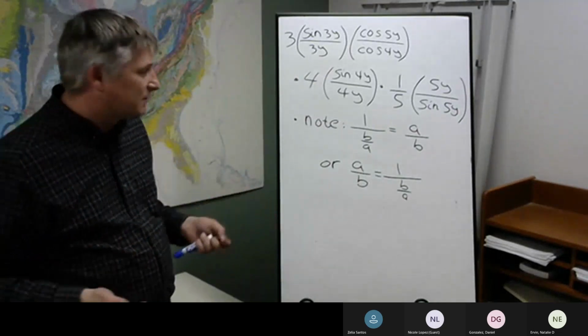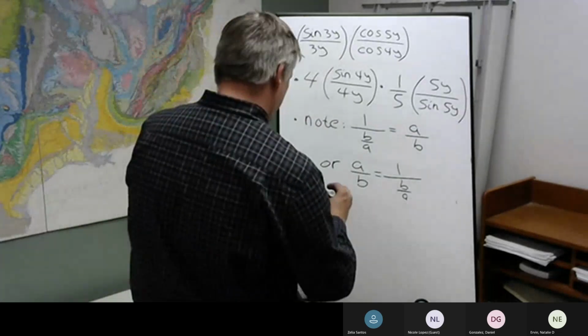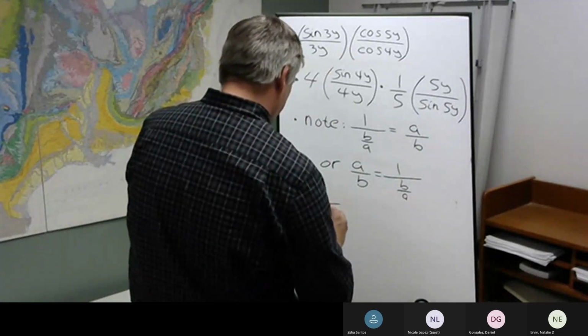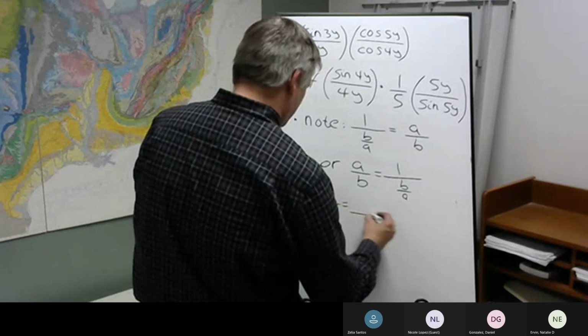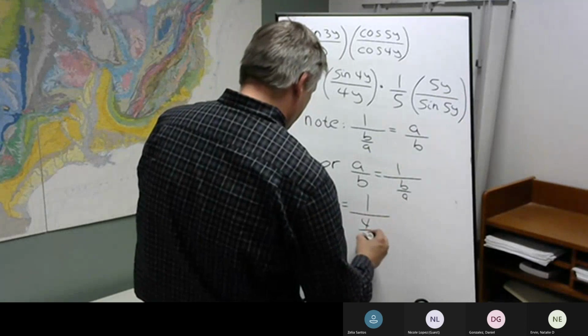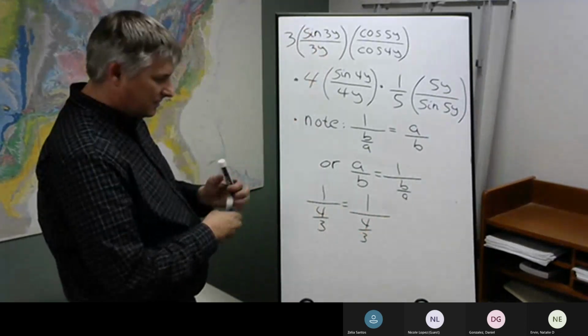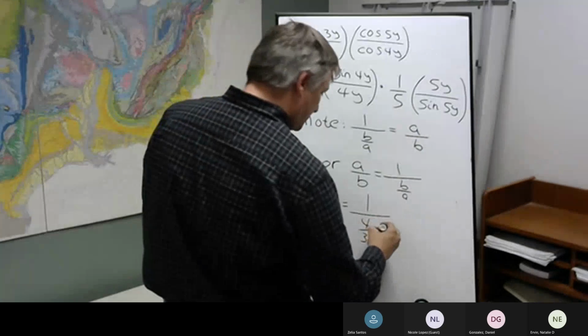Now, the way this works in real life is that you can say 1 over 4/3, multiply top and bottom by the reciprocal.